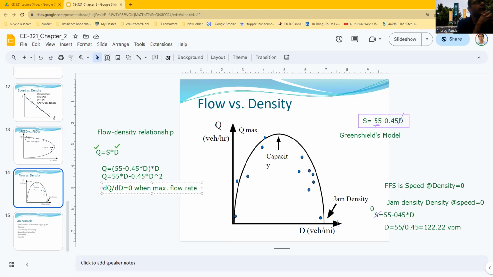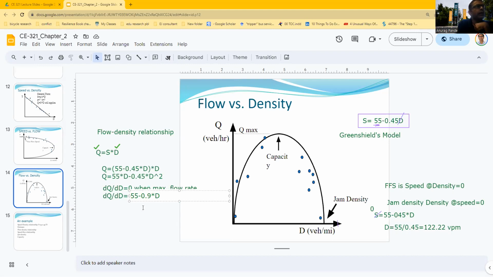When maximum flow rate is there, dQ over dD should be 0, and dQ over dD in this equation would be equal to, if I take the differential of this equation right here, 55 minus 0.9 D. So this is just a simple derivative with respect to D.